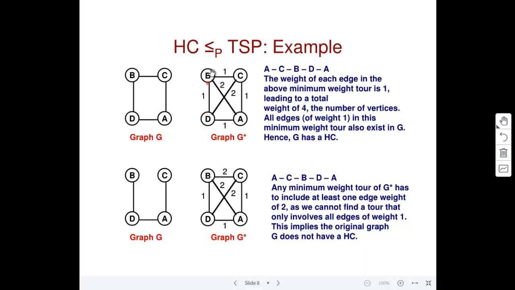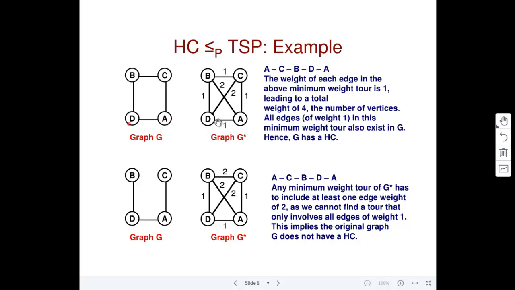So the way we build this complete graph is, again, we have the same set of vertices A, B, C, D. Now we have to have a complete graph, meaning an edge between any two vertices and some edge weight for those edges. So if there is an edge already in the given graph between two vertices, we retain that edge in the complete graph also, and the weight of such edges is 1.